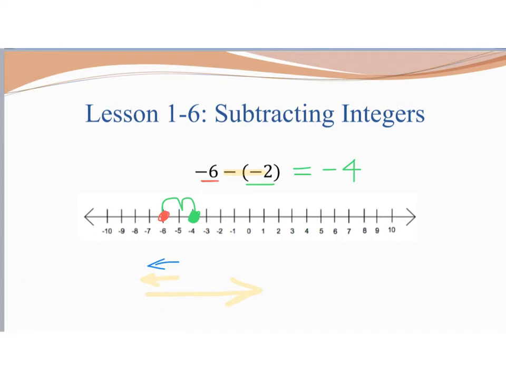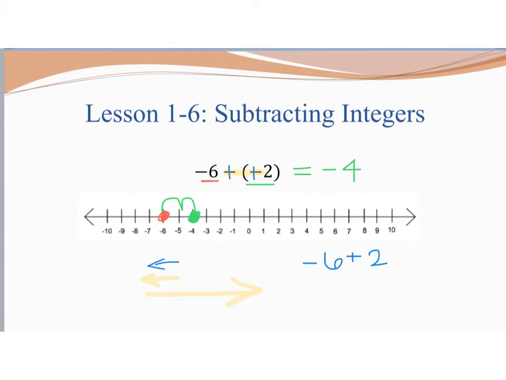Now another way that I like to think about this is anytime you have a double negative. So if I'm subtracting a negative number, you can actually change a double negative into a positive for subtraction only. Okay, so I could have rewritten this as -6 plus 2.